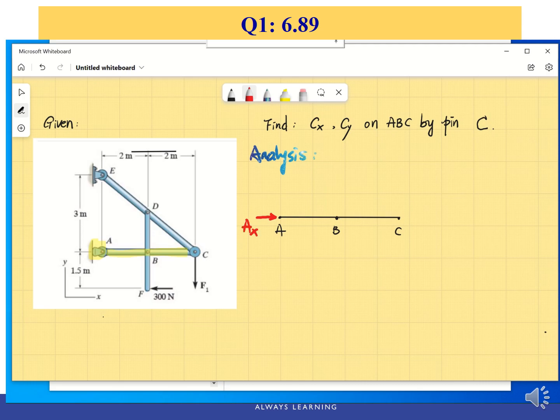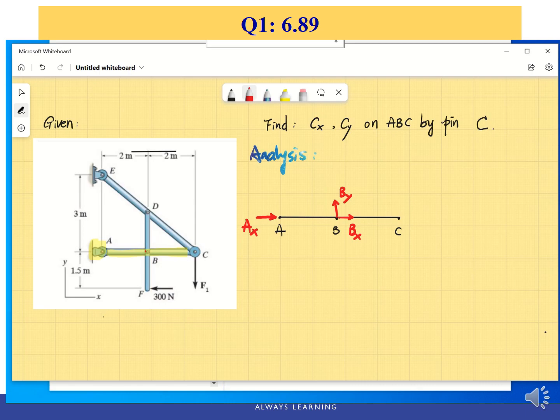And there's no AY. And at point B, there's a pin connecting the member ABC and member DBF. When we remove this pin B to separate member ABC and the DBF, there will be two reactions left on this member ABC, which are BX and BY.